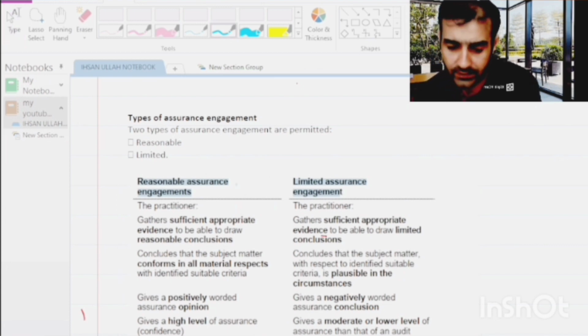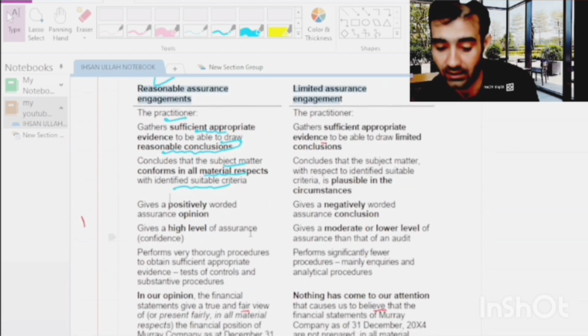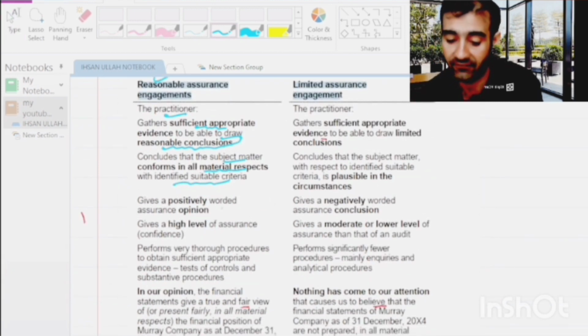Okay. So assurance. I told you that there are two types of assurance engagement: one is reasonable and one is limited. In reasonable assurance, the practitioners, meaning the auditors, gather sufficient appropriate evidence to be able to draw a reasonable conclusion, and they conclude that the subject matter conforms in all material respects with identified suitable criteria. They give a positively worded assurance opinion, and give a high level of assurance.